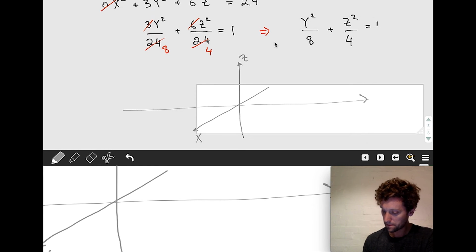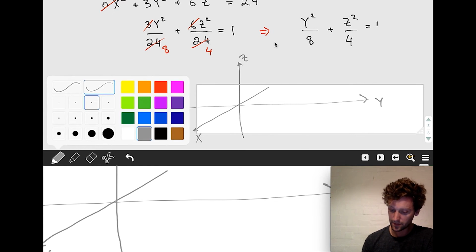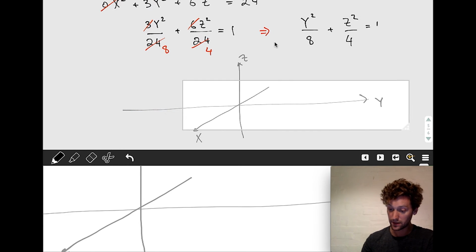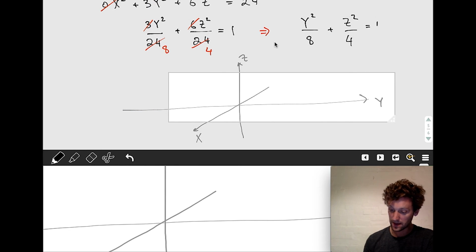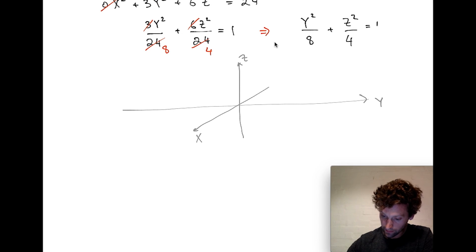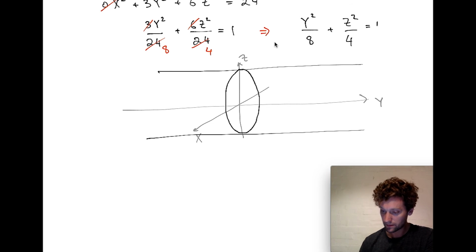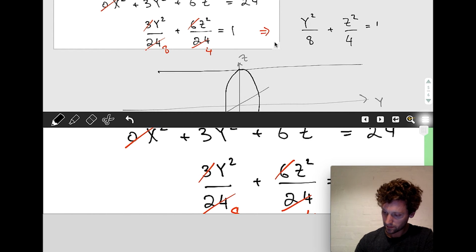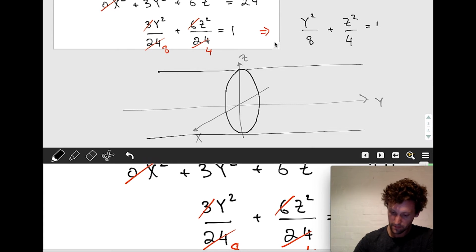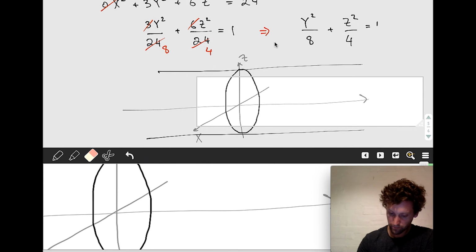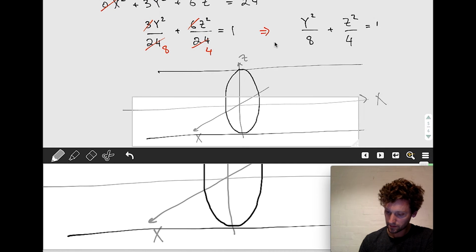Big Y. And this thing has an elliptical cross-section, which means that it looks something like this. And it's extended infinitely in, it's an elliptical cross-section in the YZ plane. So let me just label my axes there. Let's call that X. And let's call this one Y.